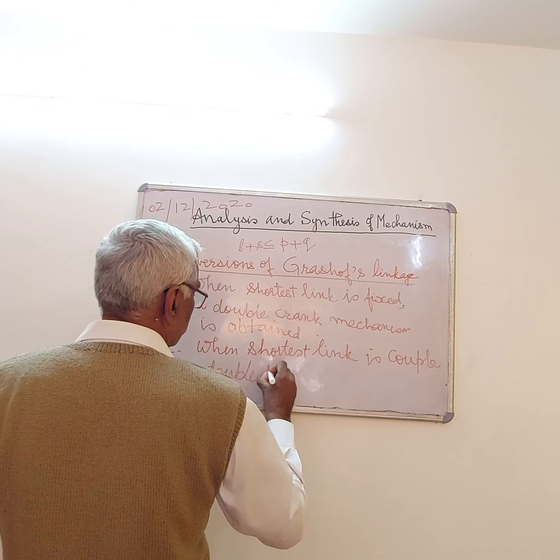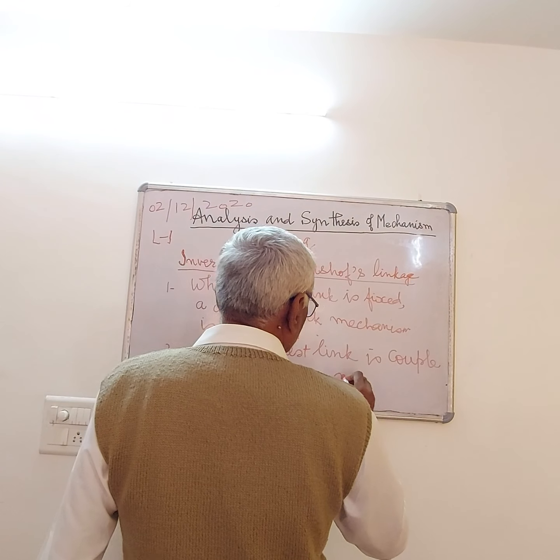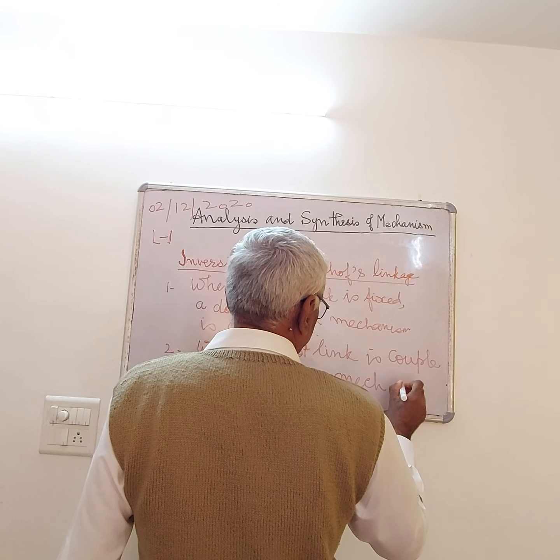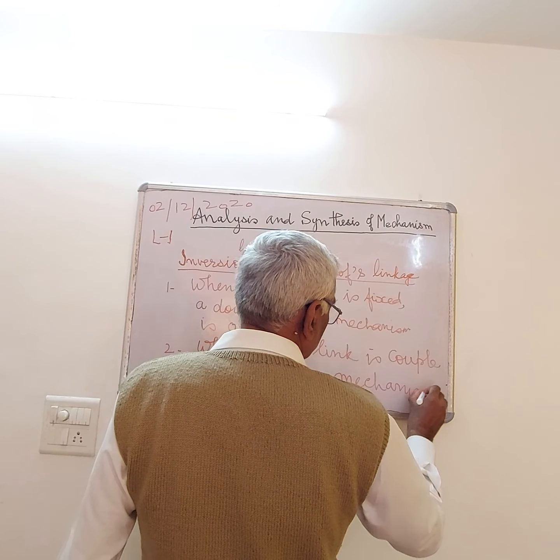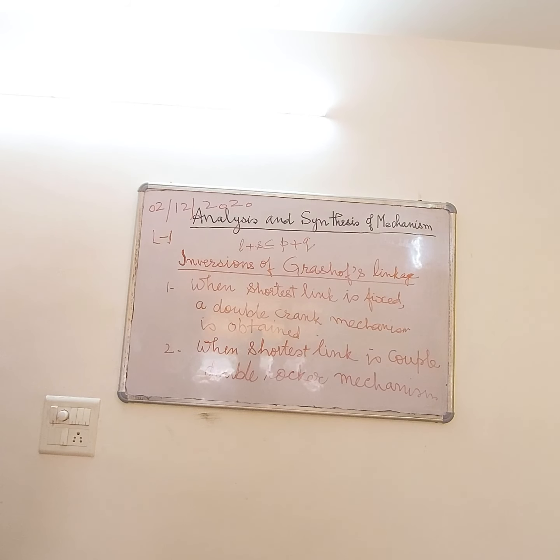Double rocker mechanism is obtained when the shortest link is a coupler.